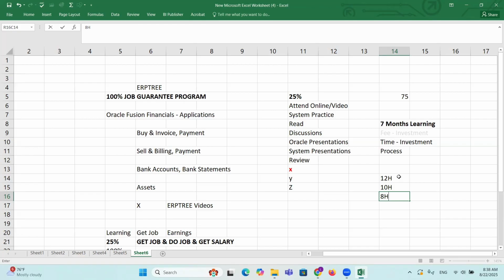For that, definitely you have to invest the time. This is the time we request or suggest or advise. If you spend 12 hours every day, you can learn in a better way. If not possible, at least 10 hours. Worst case, 8 hours you have to spend per day.